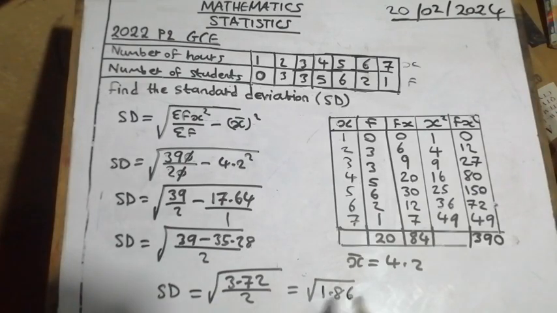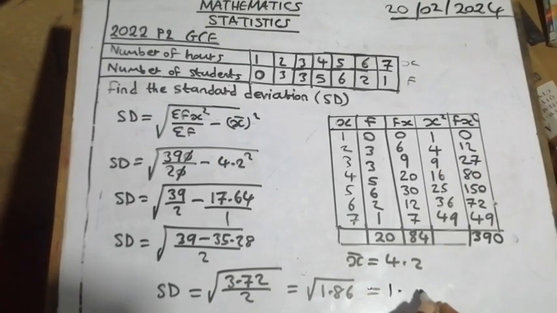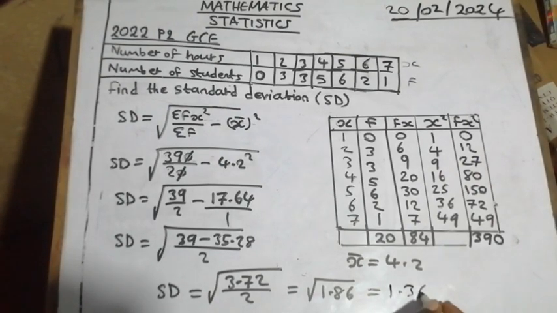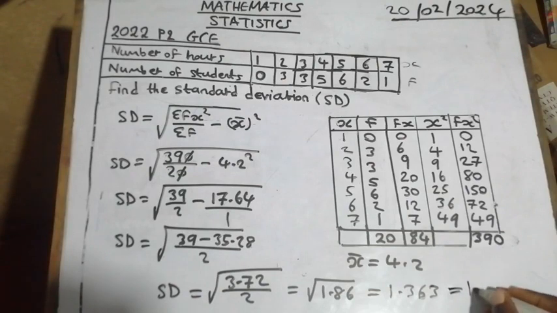So the square root of 1.86 will be our standard deviation, which is equal to 1.363. Now to 3 significant figures, it will be 1.36. So this is our standard deviation.